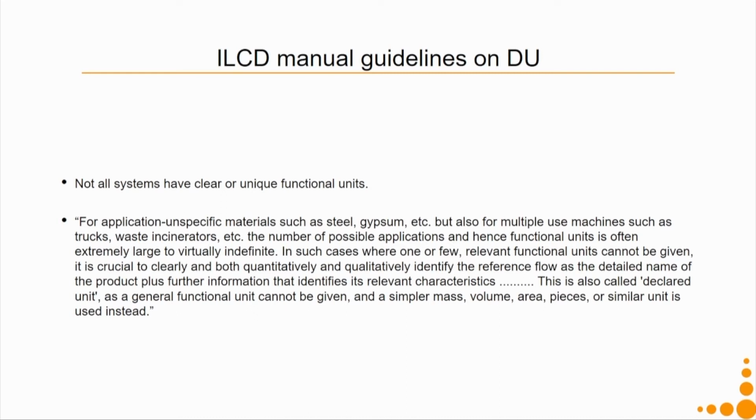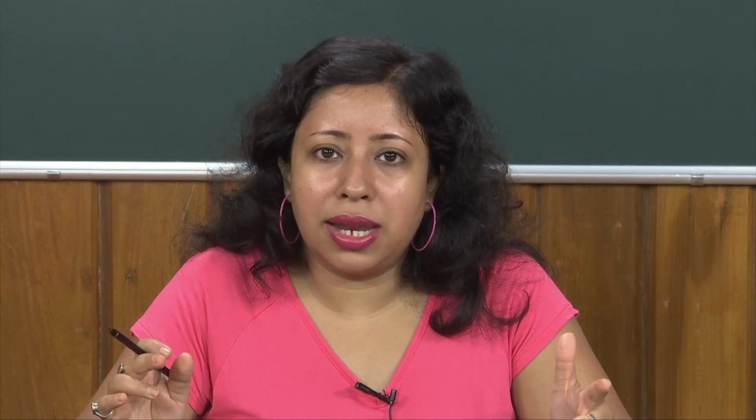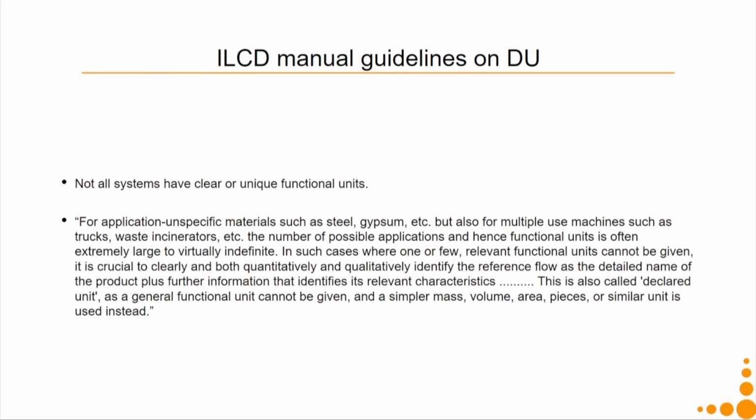So I can talk of a truck in terms of specification, which might be the volume of product that it can carry, the weight of product that it can carry, and so on. This is also called the declared unit, as a general functional unit cannot be given, and a simpler mass, volume, area, pieces or similar unit is used instead of the functional unit.